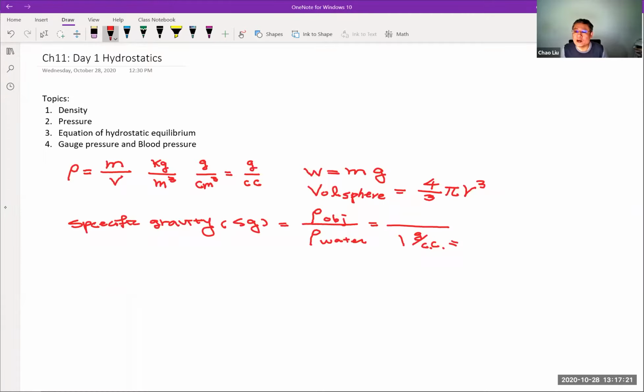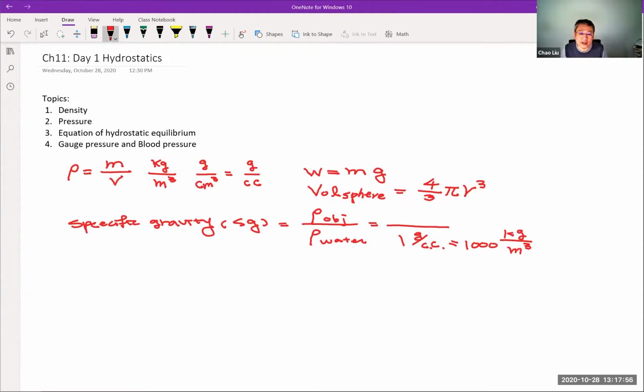This number, 1 gram per cc, is also equal to 1,000 kilograms per meter cubed. Okay, so if you have the density of an object, you divide by 1, which will be the specific gravity of the object. So that's another thing that we will use to represent the density.